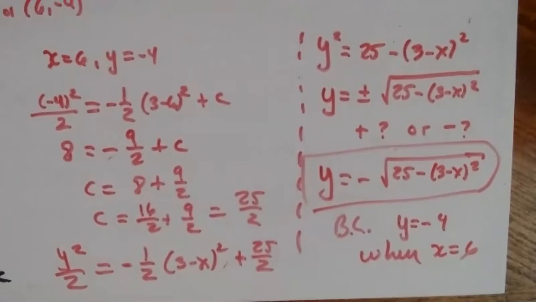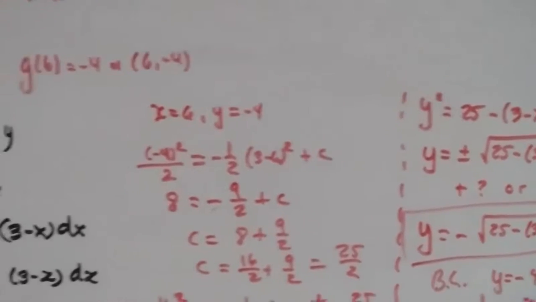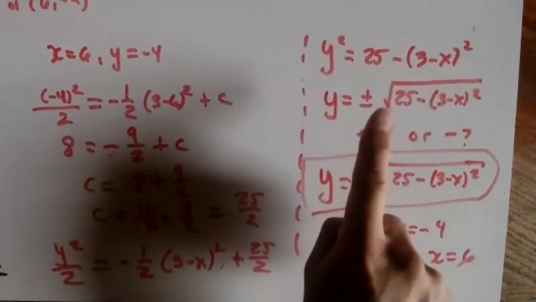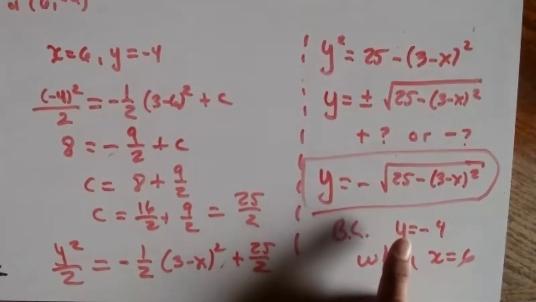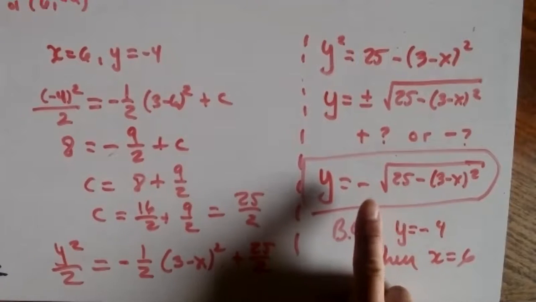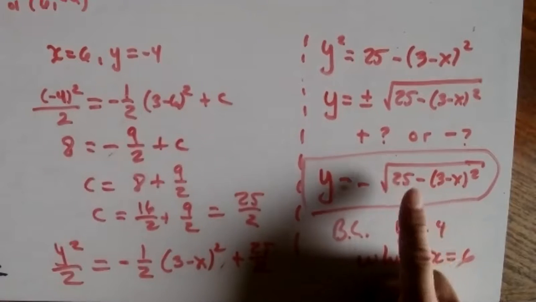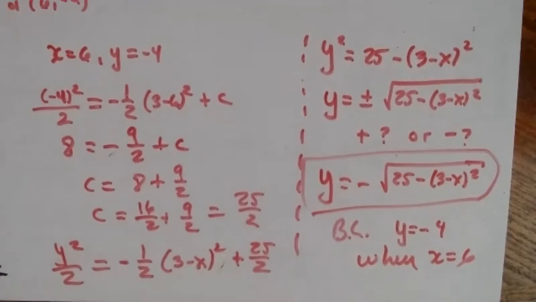So all these problems require you be fluent with your operations, with your solution of equations, with how to identify you have two solutions, in this case, positive or negative. Which one you choose is because of the initial condition, the y has to be negative. So you have to take the negative. If you put a positive, even if you put here a 6, this is going to be positive. So you need a negative outside.